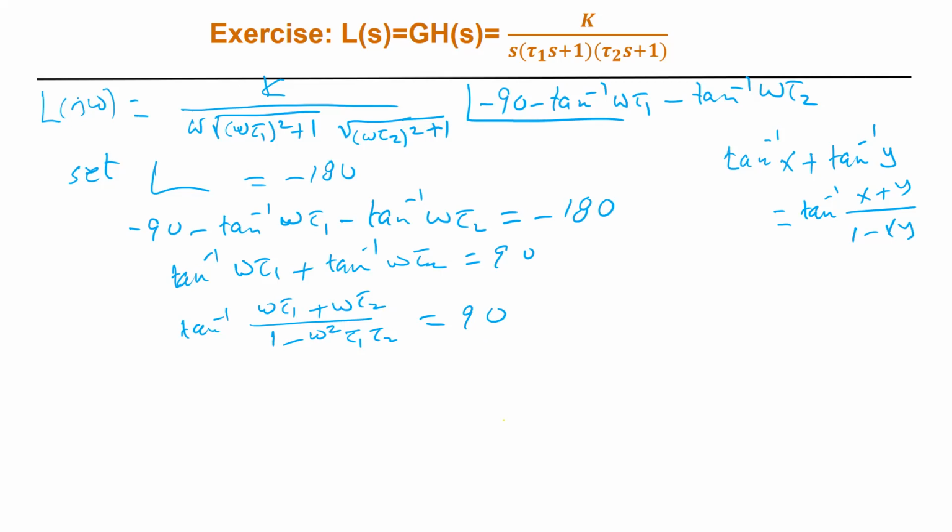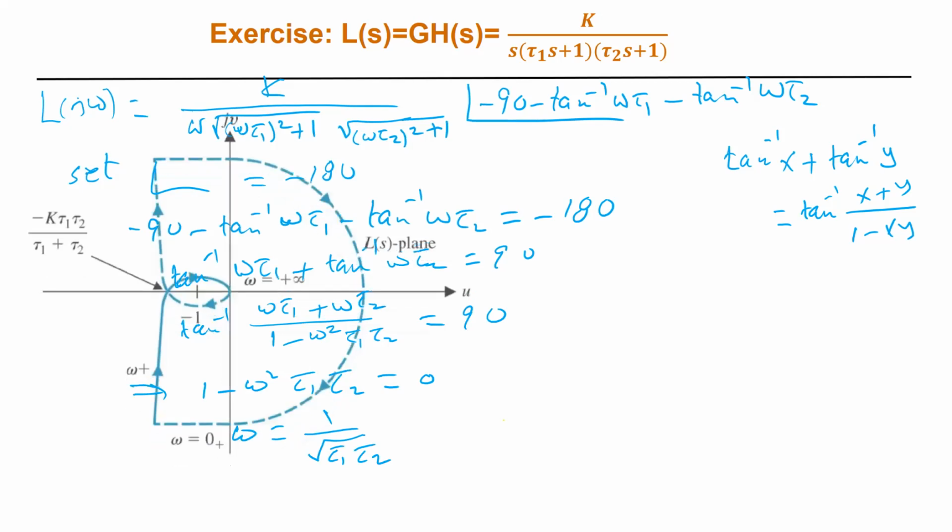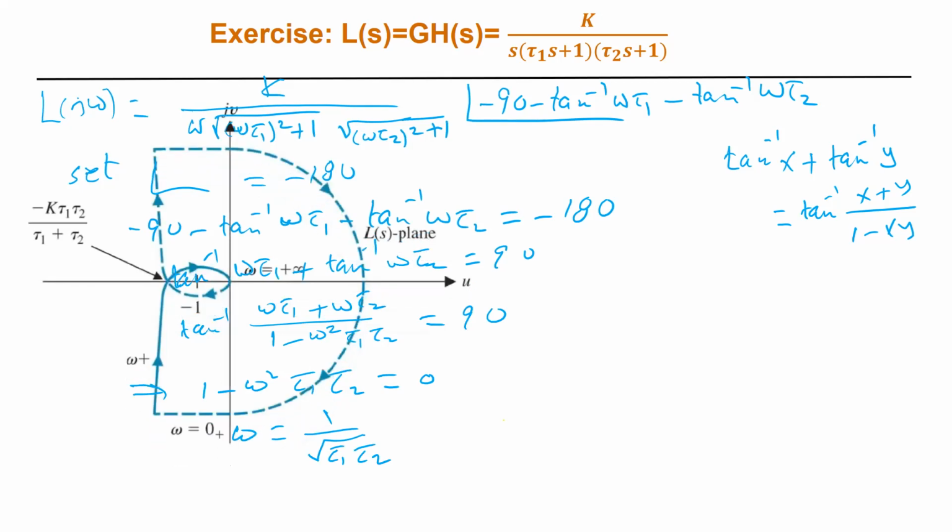Exactly, when the denominator equals 0, which means 1 minus omega square tau 1 tau 2 equals 0, or omega equals 1 over root of tau 1 tau 2. So this is the frequency at this point.